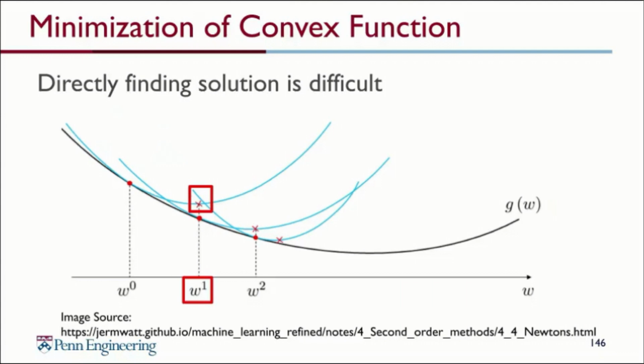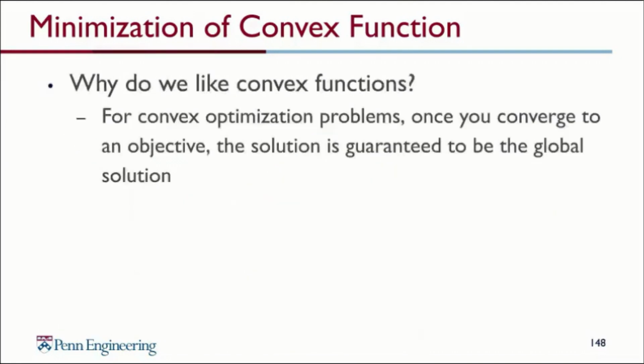The point which minimizes this approximation is found, which is w1, and is used as the starting point for the next iteration. This continues until eventually the algorithm converges to the optimal solution, w star.